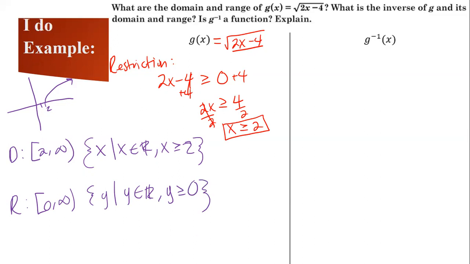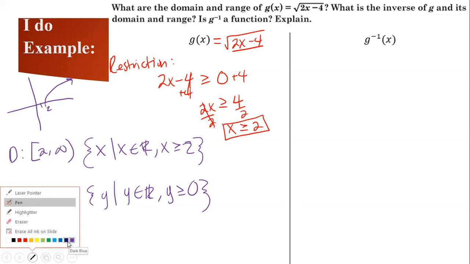Okay, so this is the original function. It said it wants us to find the domain and range of the original. Did we do that? Yes. Now we're going to find the domain and range of the inverse. Well, and find the inverse. So if I'm looking for the inverse, what do we do to find the inverse?